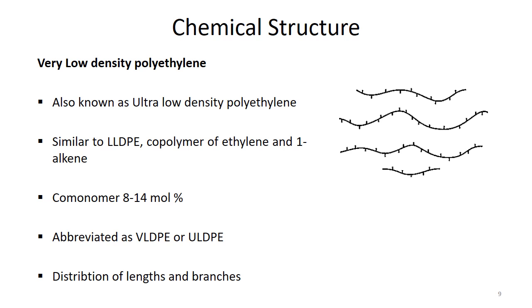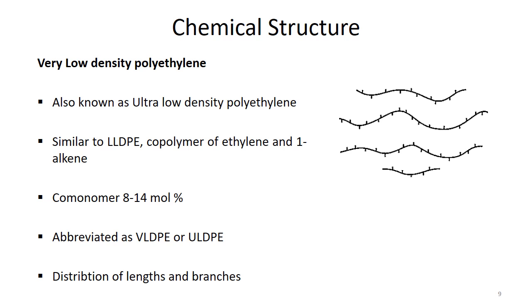We have discussed linear low density polymers, but here come the very low density polyethylenes. The general structure is shown here. We also call this type of polymer ultra low density polyethylene, so the abbreviations are VLDPE or ULDPE.